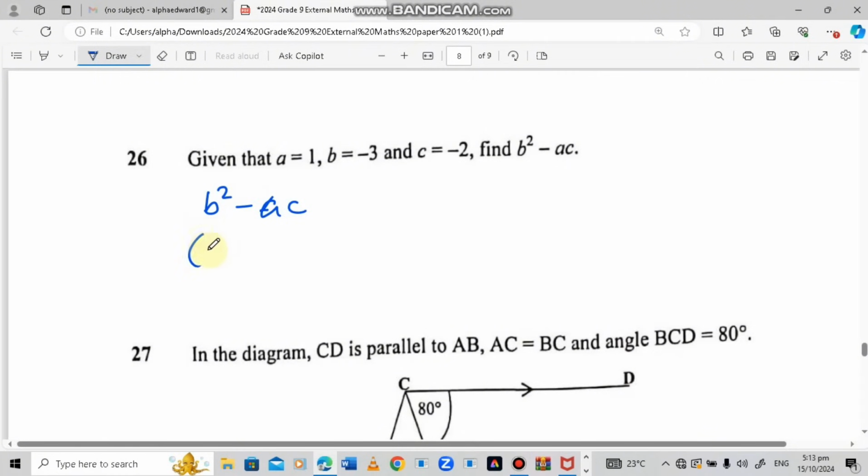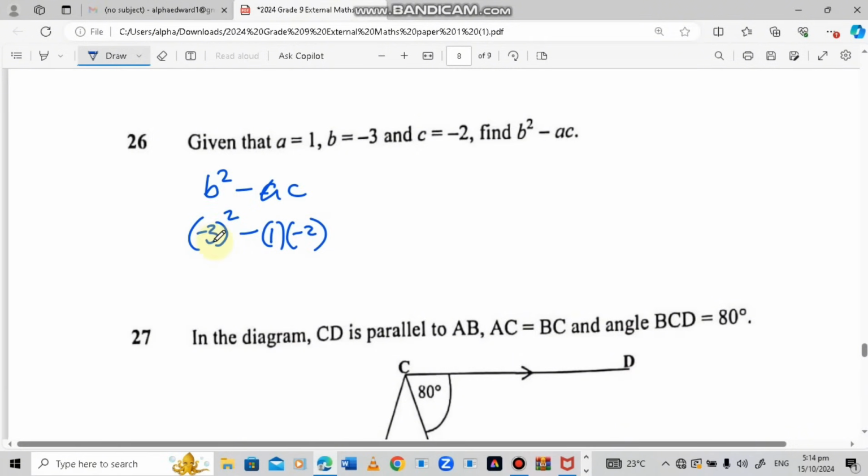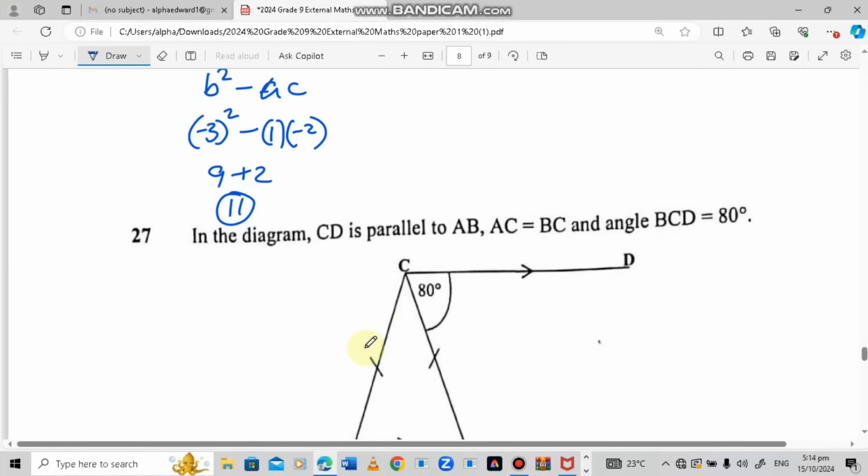We put in brackets -3, then squared, minus 4 times A, which is 1, times C, which is -2. -3 squared is +9, then minus 4 times 1 times -2 is +8. Okay? 9 plus 8 is 17, so the answer is 17.